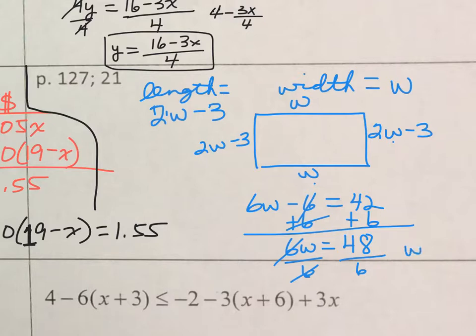And W is equal to 8. So the width is 8. What's the length? 3 less than twice that. So twice that would be 16. 3 less than that would be 13. So the length is 13.